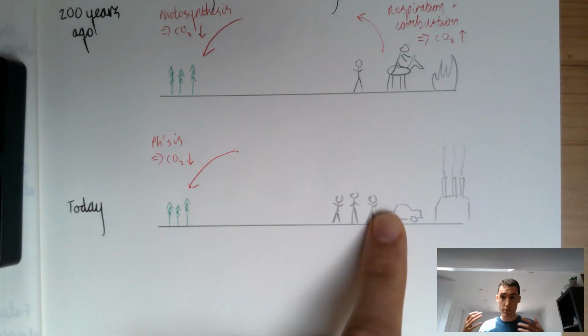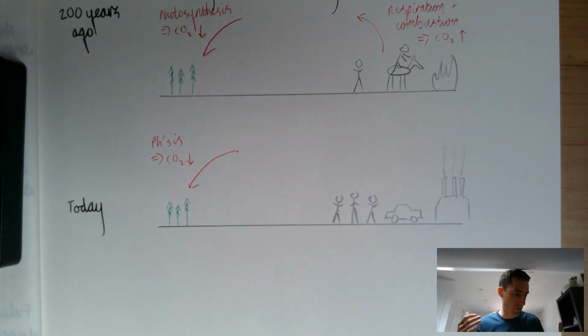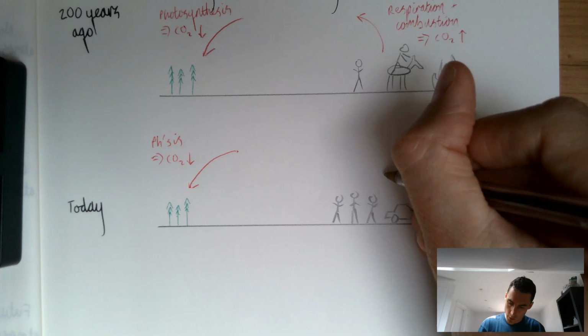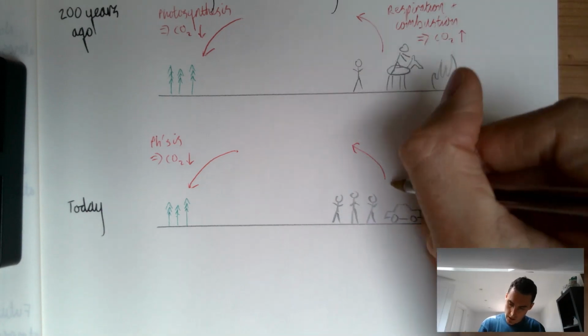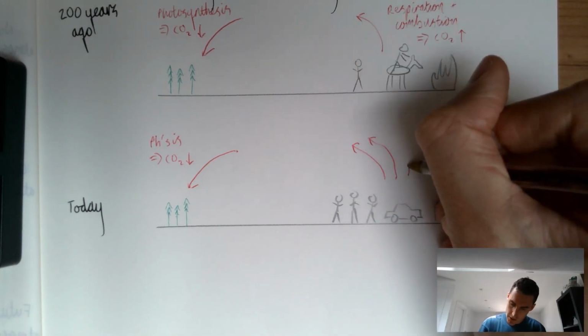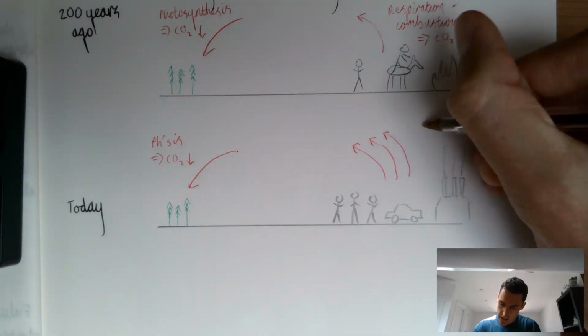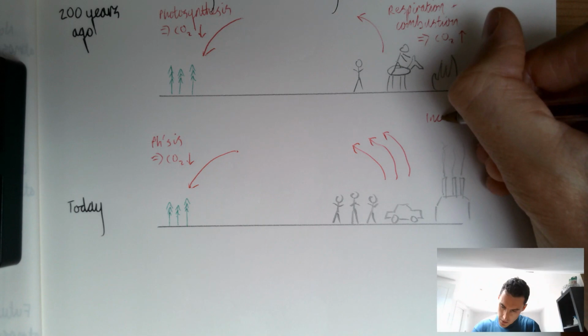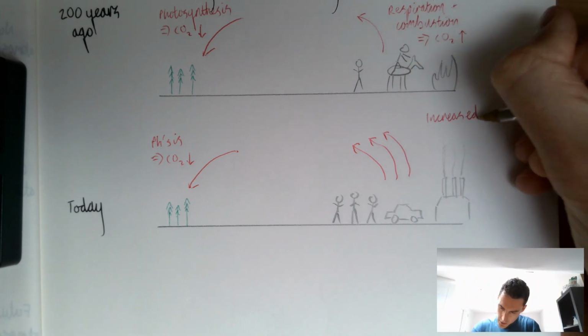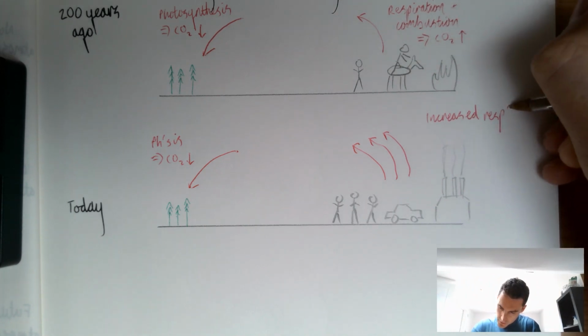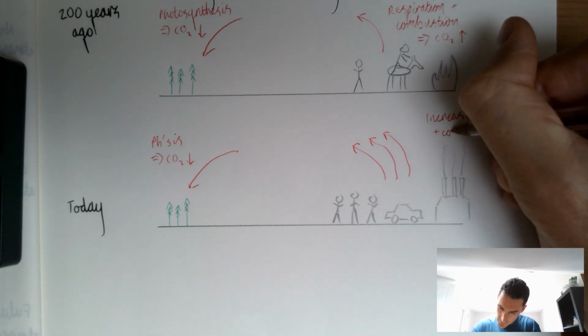You could also say, by the way, we need more people. Well, you know, more animals needed to feed people and so on. There's lots of different things we could say. But essentially, what we could say is, let's draw 3 arrows to say increased respiration, I'll just abbreviate it here, plus combustion.